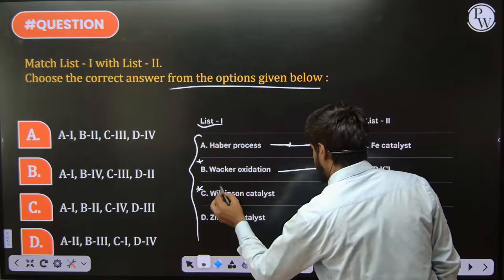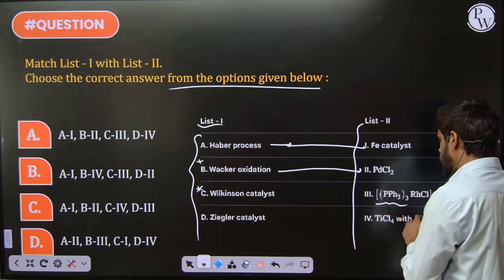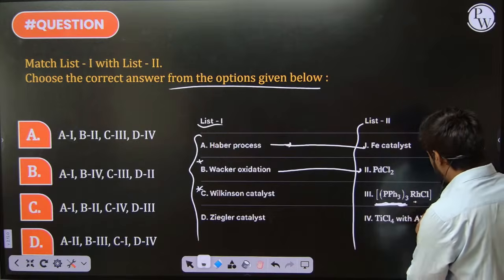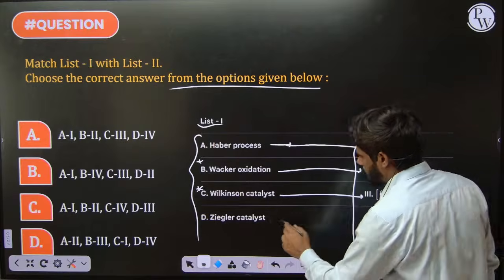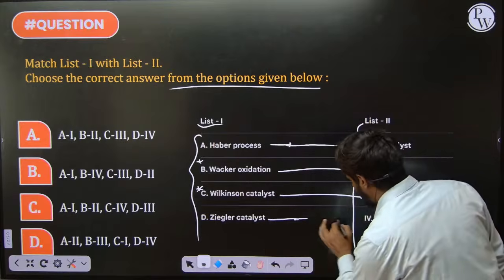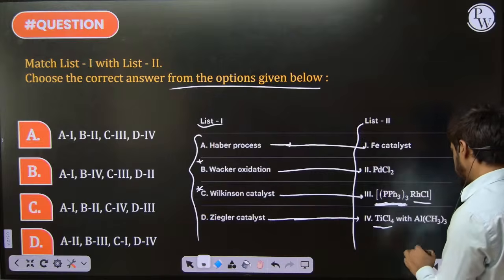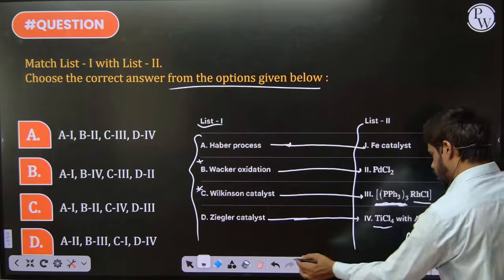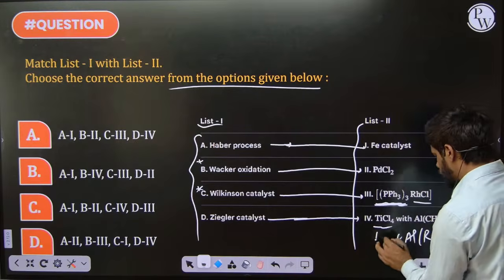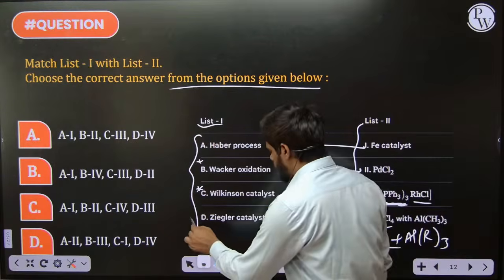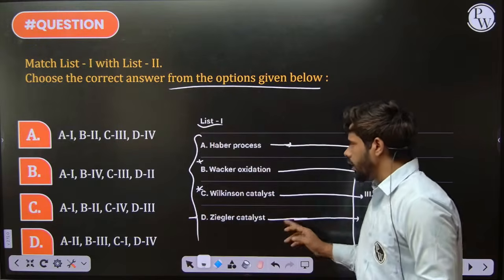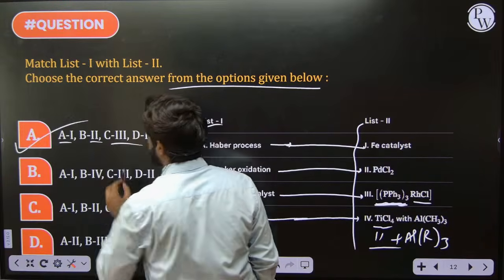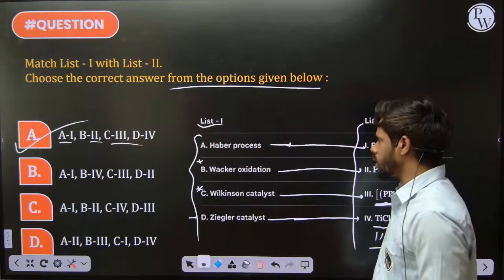Wilkinson's catalyst is a triphenylphosphine and RhCl complex. Ziegler catalyst is TiCl4 with trialkyl aluminium, which we also call the Ziegler-Natta catalyst. So the first is matched with the first, the second with the second, so the first option is the correct answer.